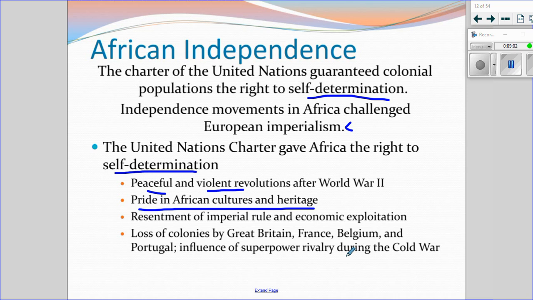There's a resentment of imperial rule and economic exploitation, and so the colonies of Great Britain, France, Belgium, and Portugal will be lost. And this is going to be supported, remember, by the United States and the Soviet Union. The US and the Soviet Union are pushing for these European countries to give up their colonies because they're vying for influence in the context of the Cold War.